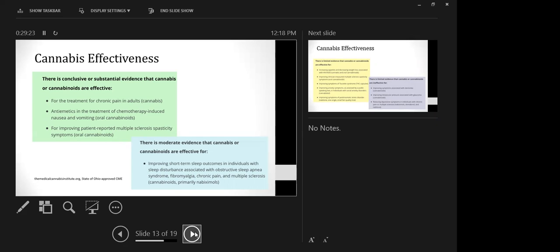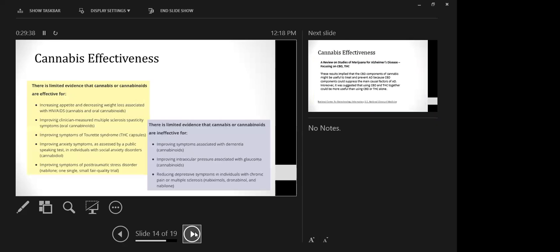There's moderate evidence that cannabis or cannabinoids are effective for improving short-term sleep outcomes in individuals with sleep disturbances associated with obstructive sleep apnea, fibromyalgia, chronic pain, and MS. There is limited evidence that cannabis or cannabinoids are effective for increasing appetite, right?